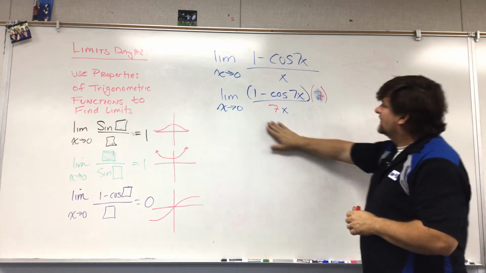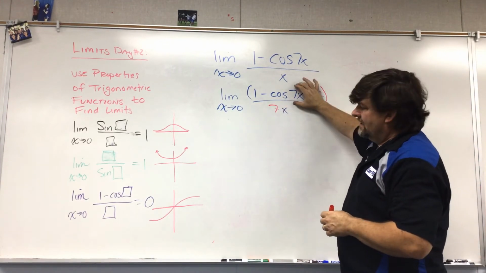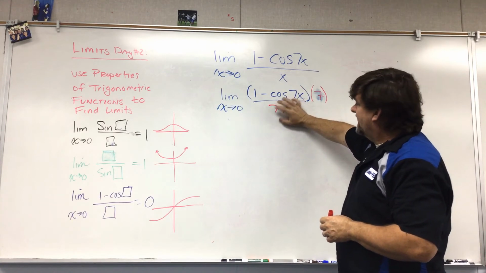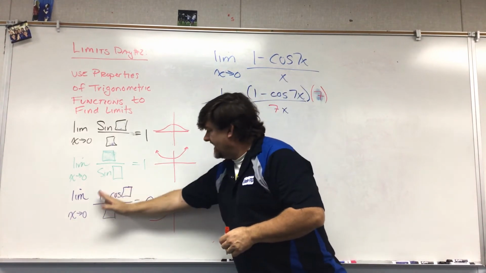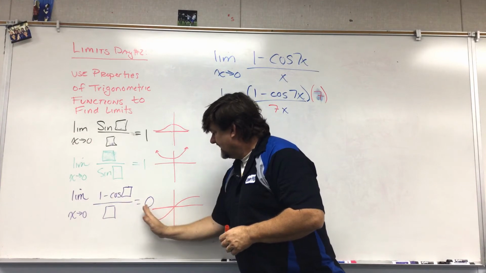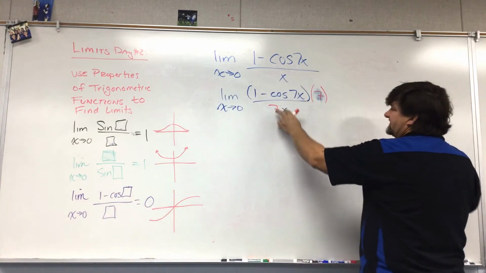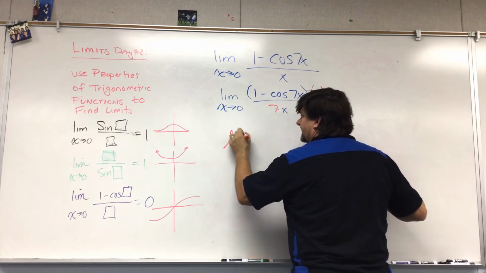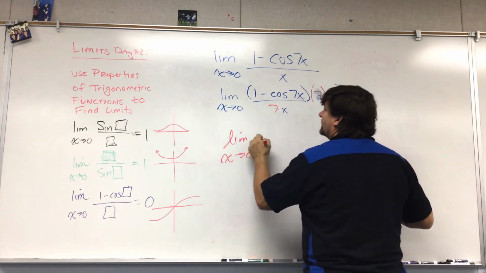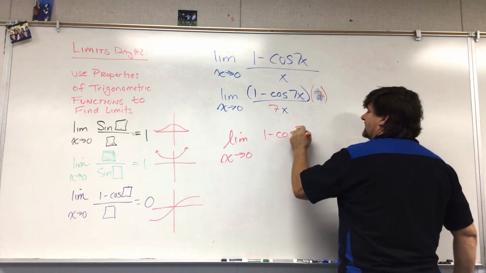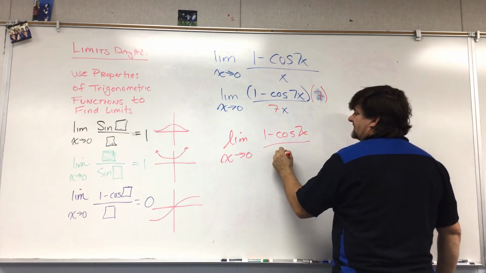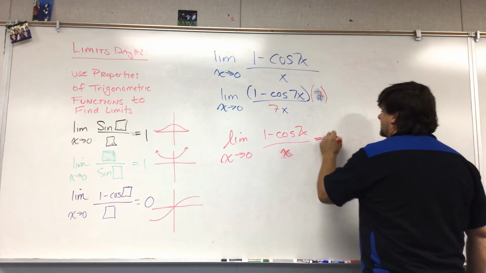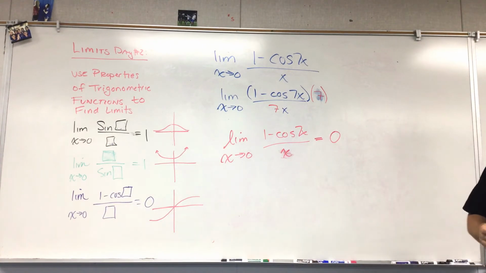So I have the box of 7x right here, I have 7x here, and I have 1 minus. When I create that type of function, what do I get? I get 0. So that means it's 0 times 7. So my answer, the limit as x approaches 0 of 1 minus cosine 7x over x, is equal to 0.